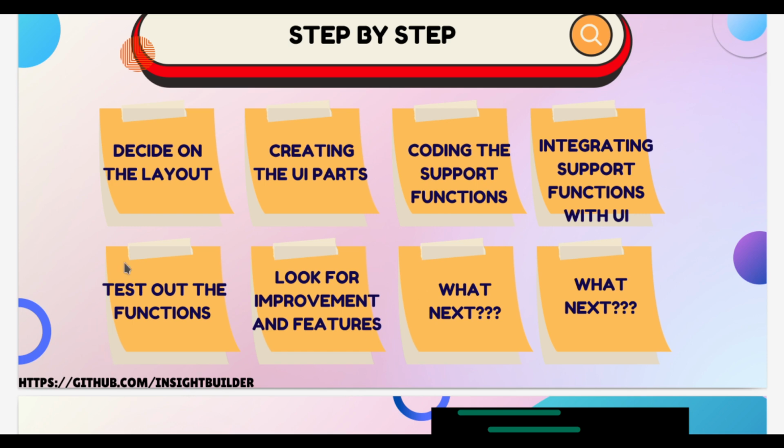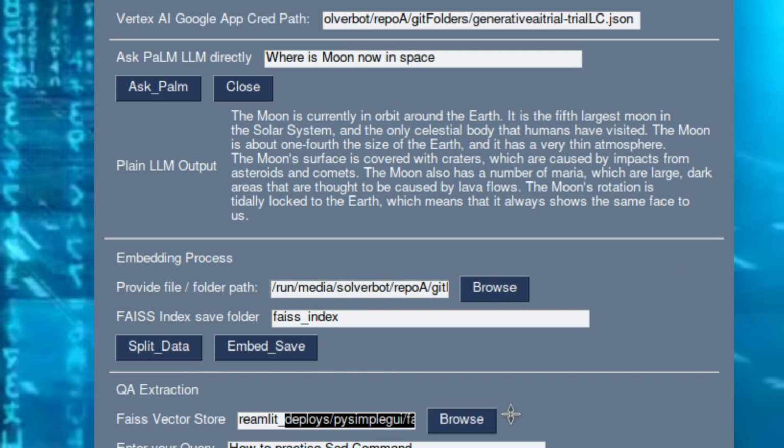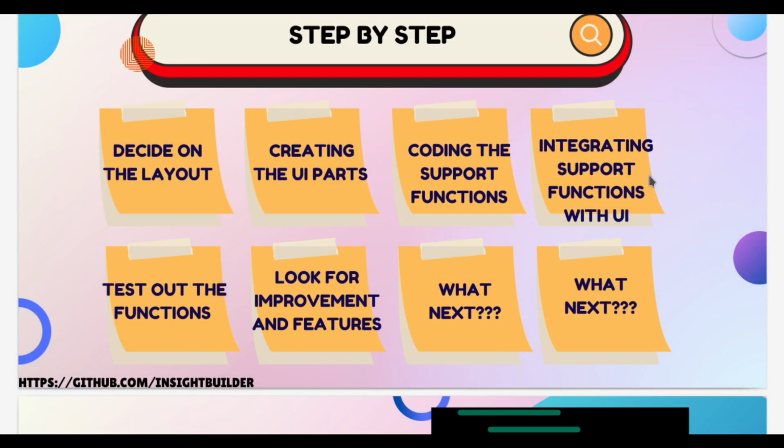Next, what comes is testing out the functions and looking for improvement and features. See, only these 4 steps are the key point to bring this particular GUI. This GUI can be created just by using these four steps itself. But as I was explaining, you need to test out the functions and see where it is failing and why it is failing, and you need to look for improvement and features.